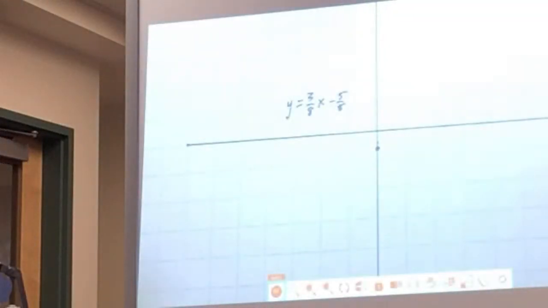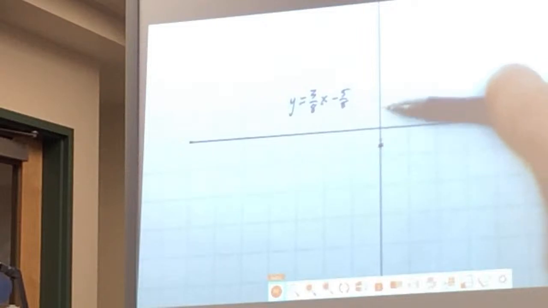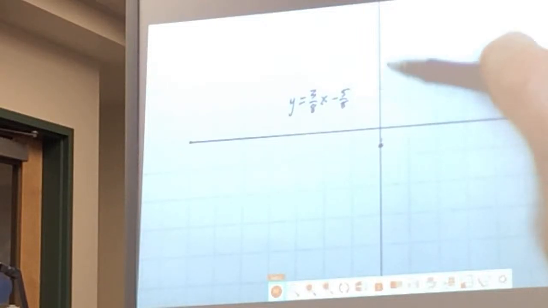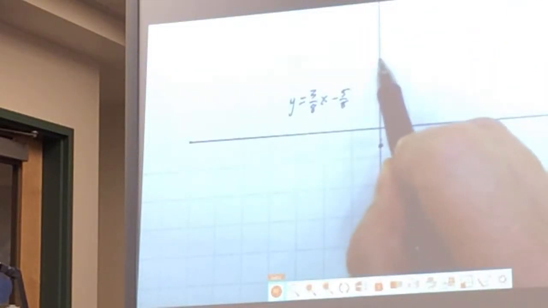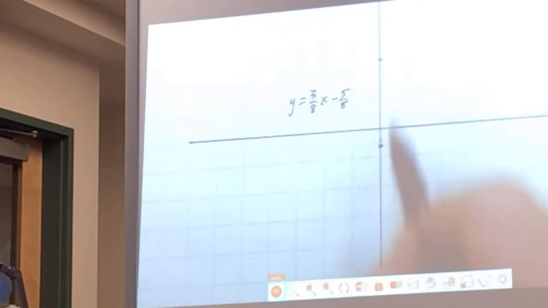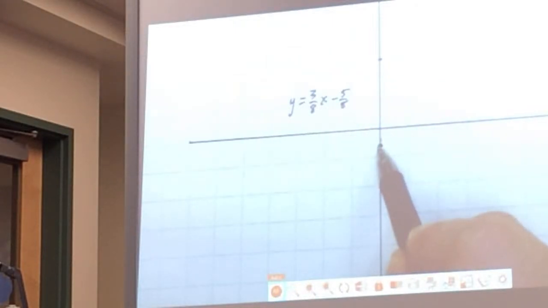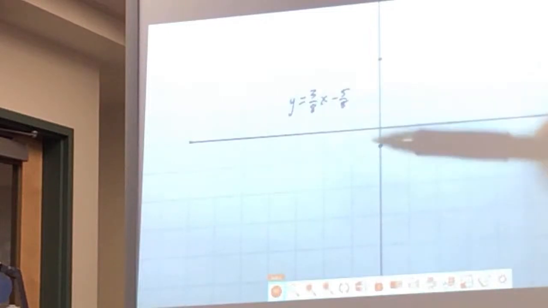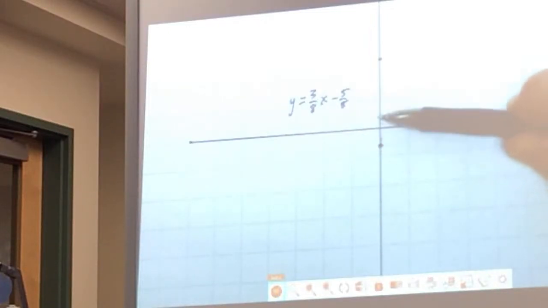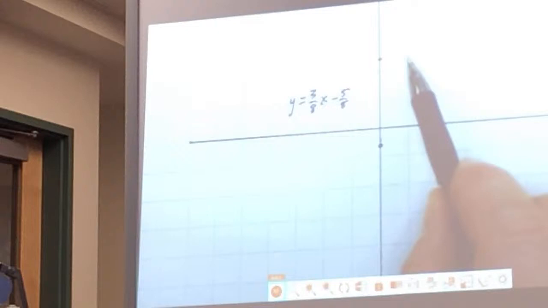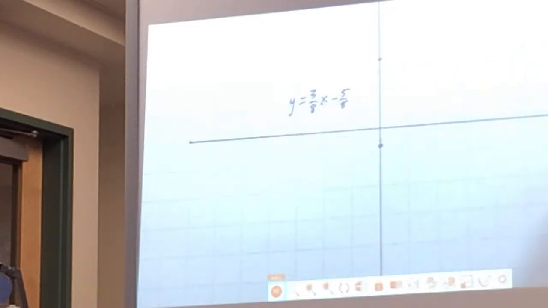So if you go up 3, it's going to be in the middle of this one twice, 3 times. So you have to go to there. Let's see. So this is a negative 5/8. So that's going to be a little bit below a half. And then you go over 8. 1, 2, 3, 4, 5, 6, 7, 8.